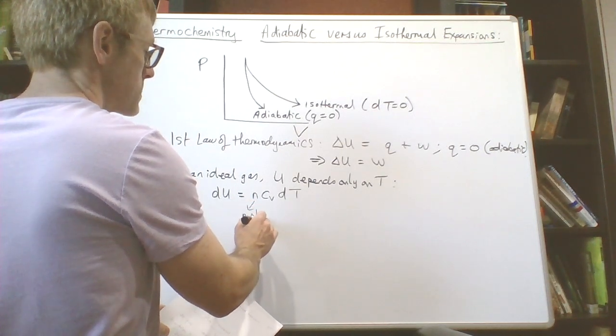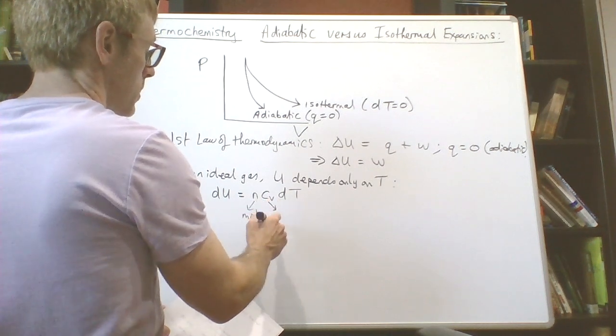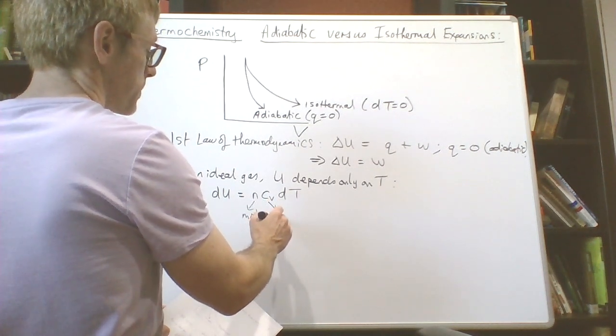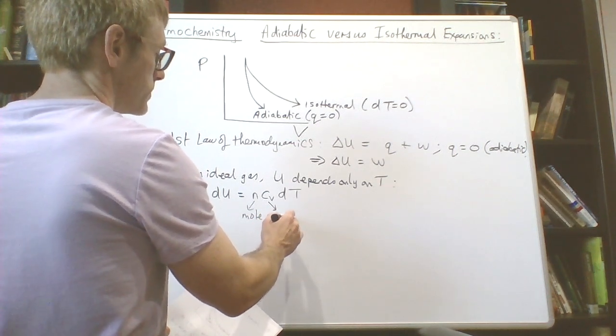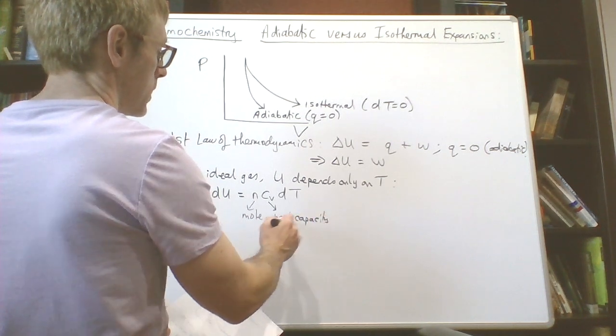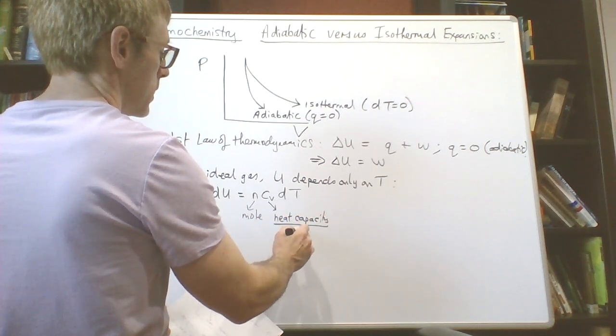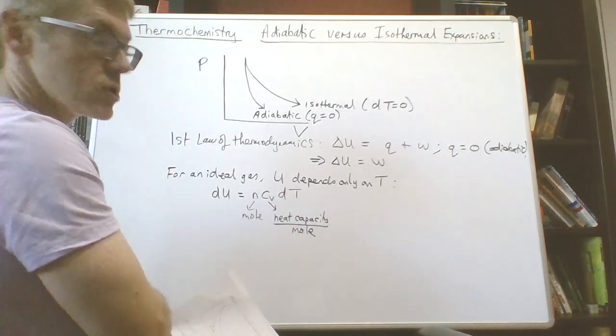You could use mass, it really doesn't matter. This could be heat capacity per mole, so then you scale it to moles, and this is obviously the temperature change.